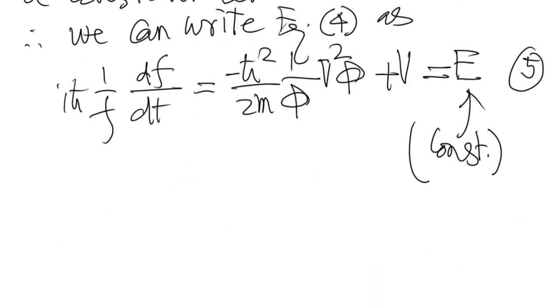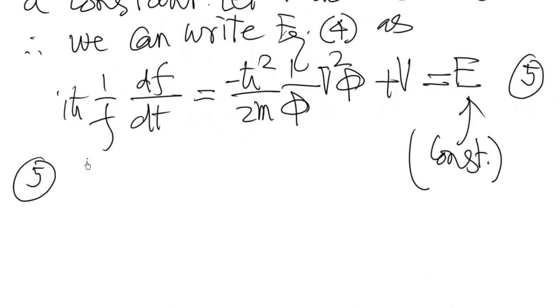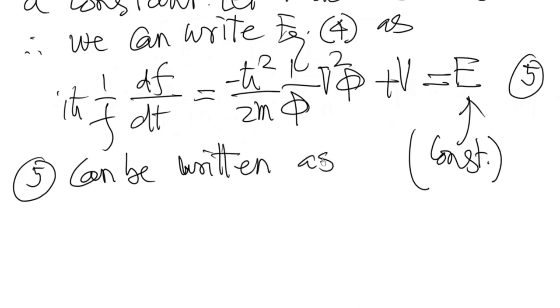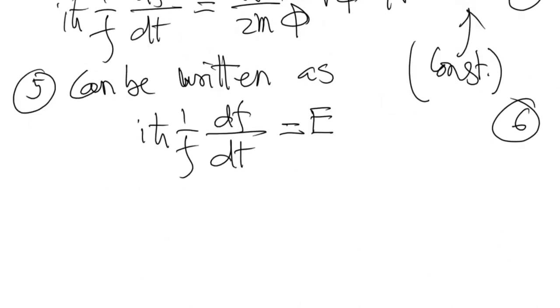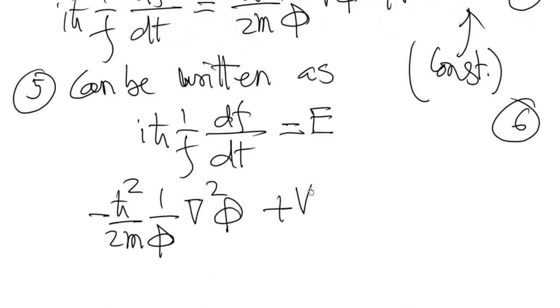So from 5 we can write down, so we get two equations. So let's say this is 6 and another one is this.